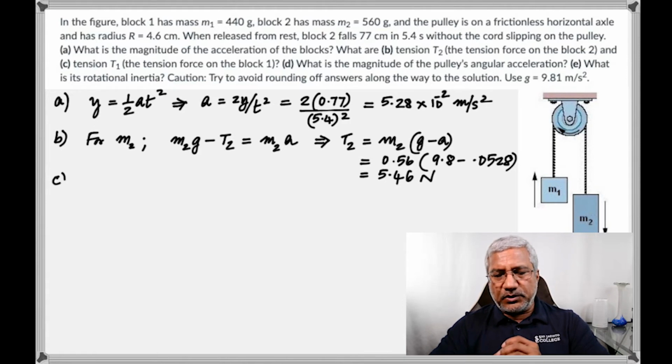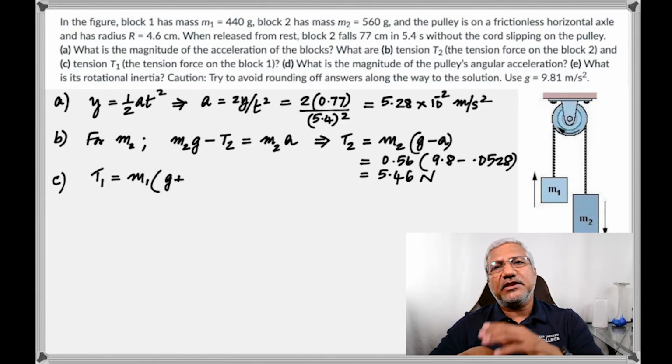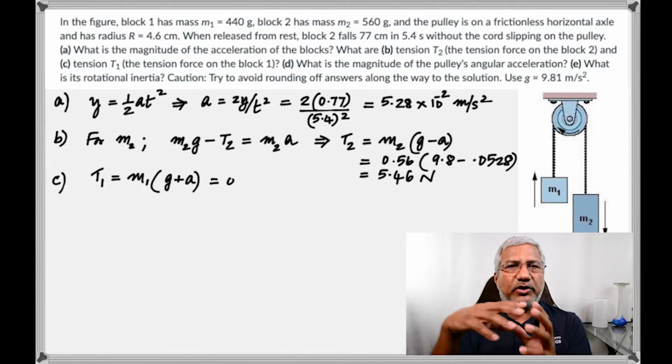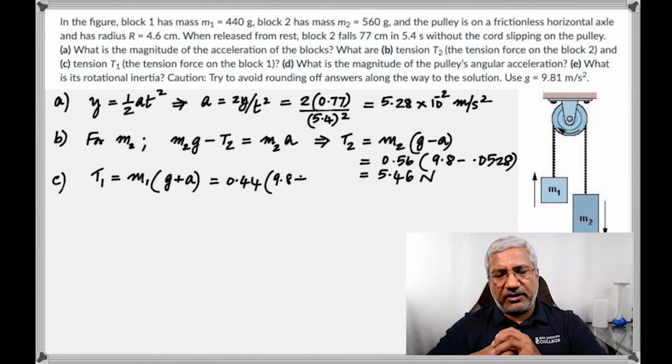Now, when we come to finding the tension in block 1, we know that the tension T1 is greater. So T1 minus M1g is equal to M1a. I rearranged to make T1 the subject already and substitute the mass and the linear acceleration which we found out.